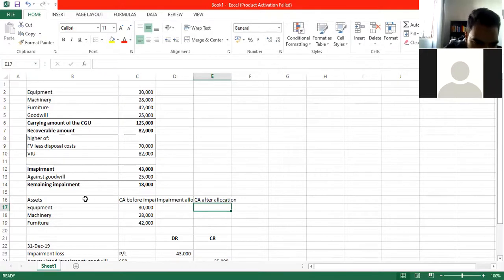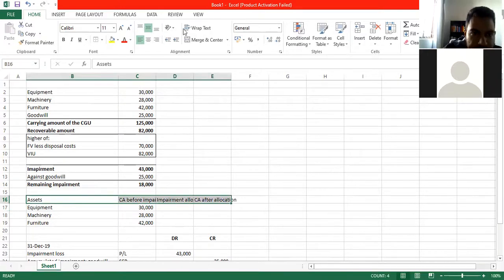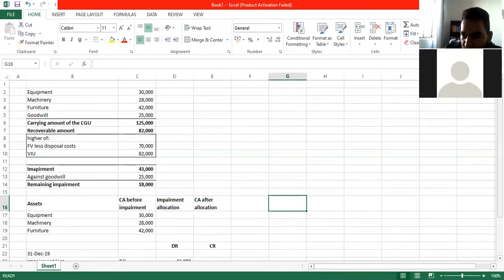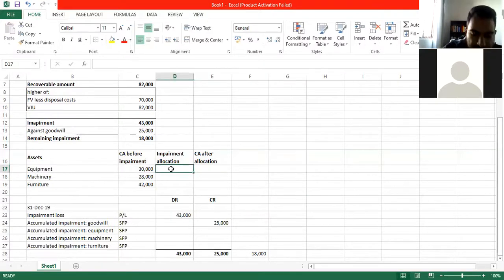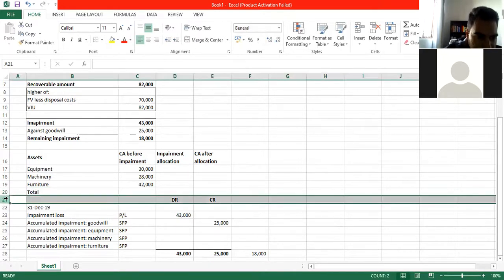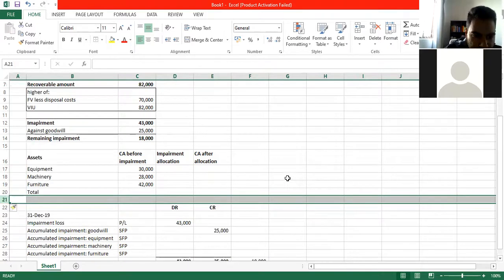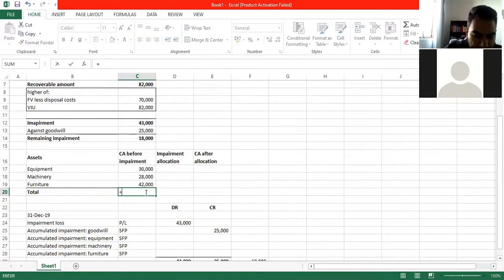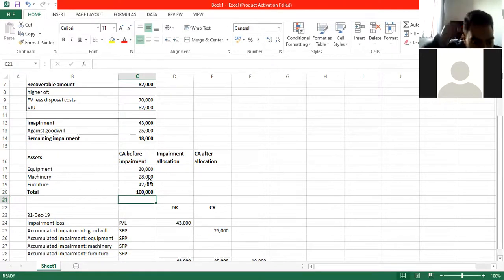So let's have a look. The way we're going to do it, you just basically do a weighted allocation. So if we add this up, we bring in all of the remaining assets.